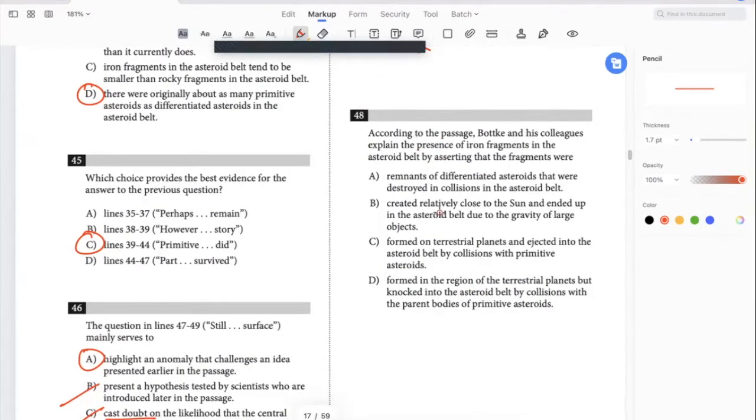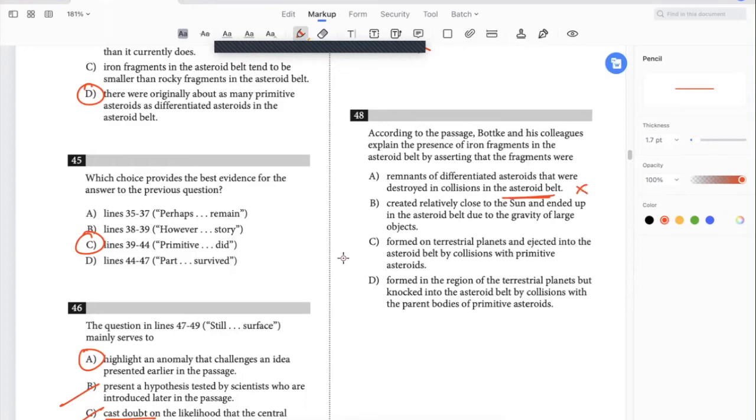So he explains the presence of iron fragments by asserting that the fragments were remnants of differentiated asteroids that were destroyed in collisions in the asteroid belt. No, not in the asteroid belt. Created relatively close to the sun and ended up in the asteroid belt due to the gravity of large objects. Formed on terrestrial planets and ejected into the asteroid belt by collisions with primitive asteroids. Formed in the region of the terrestrial planets but knocked into the asteroid belt by collisions with the parent bodies of primitive asteroids.